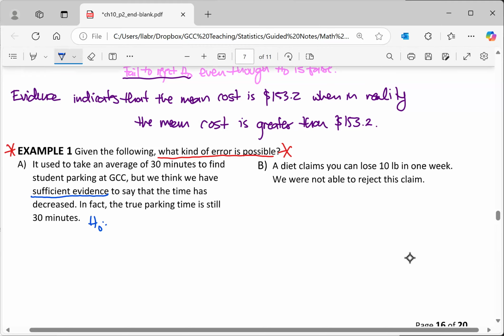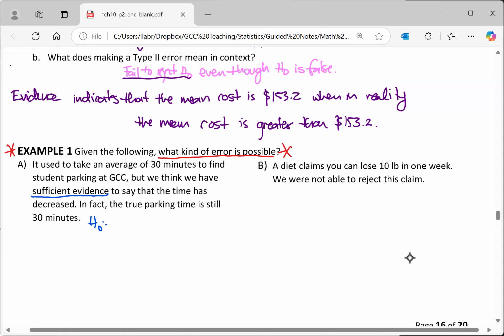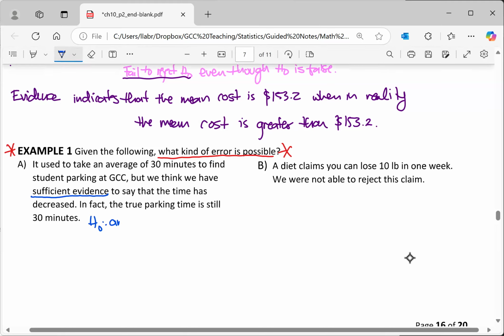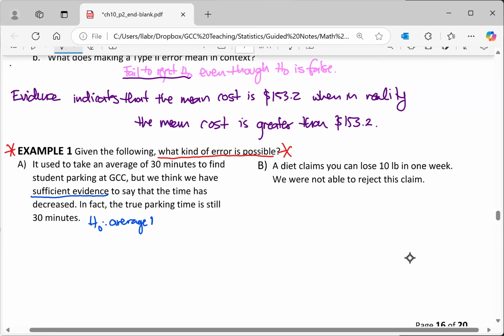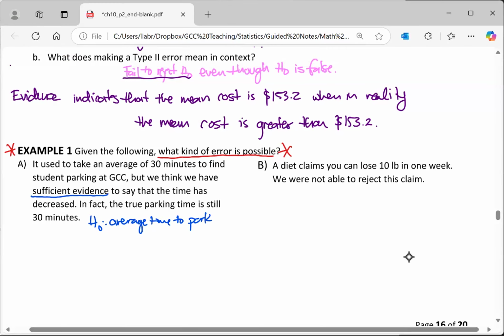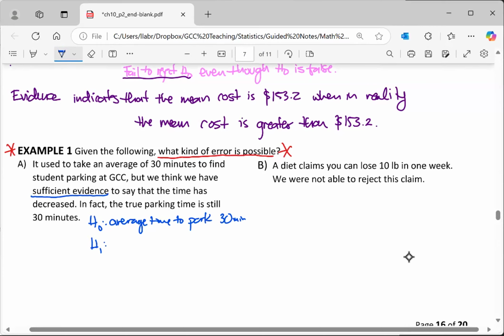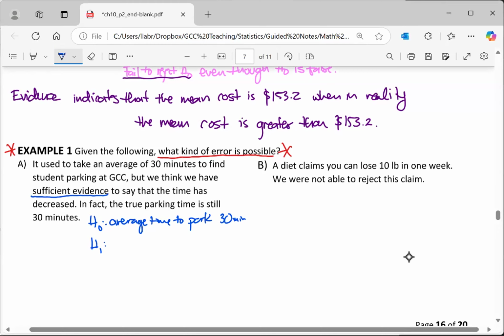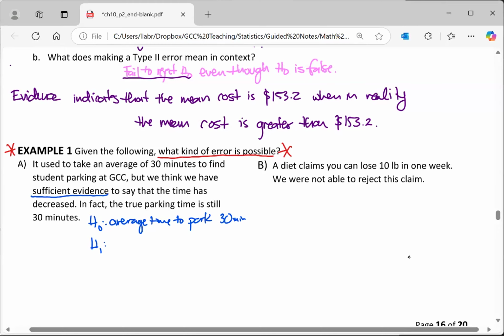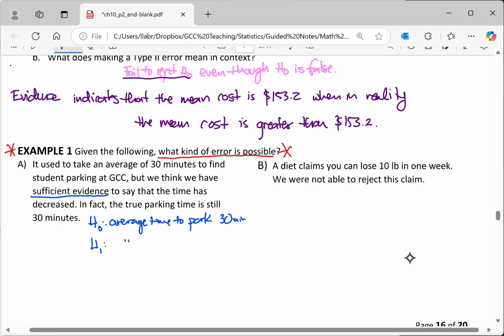The average time to park was 30 minutes. Remember, we think we have sufficient evidence to say that the time has decreased. So that means we're actually supporting an alternative, which means that the average time is now less. So the average time to park is less than 30.